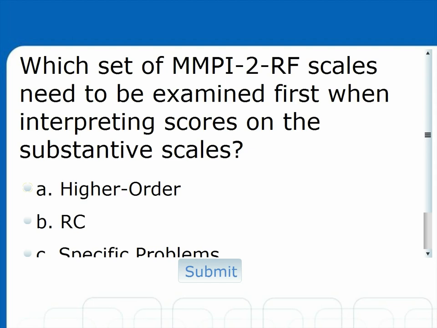So now we're at our first set of review questions for Unit 4. Which set of MMPI-2-RF scales needs to be examined first when interpreting scores on the substantive scales? A, higher order, B, RC, C, specific problems, or D, interests?